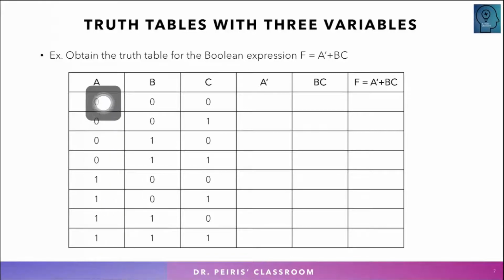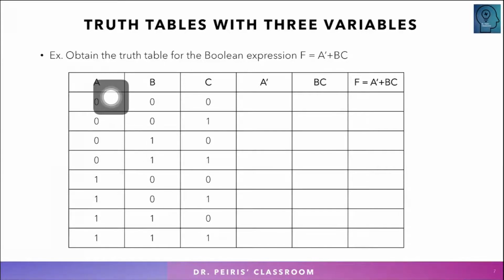What is the easier way to remember how to fill these columns? Always the first one is filled with 4 zeros, then 4 ones. The second column is always 2 zeros, 2 ones, 2 zeros, 2 ones. The third column is 0 1 0 1 0 1 0 1. If you follow that order, you will get the correct order for these three input columns.